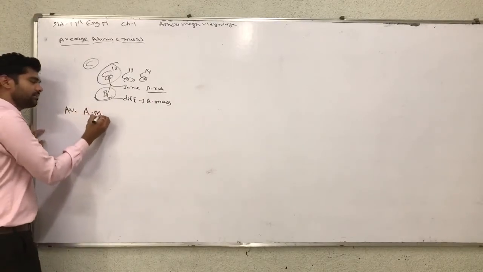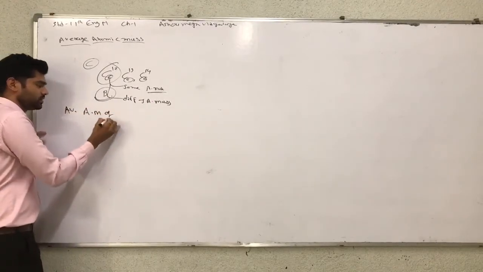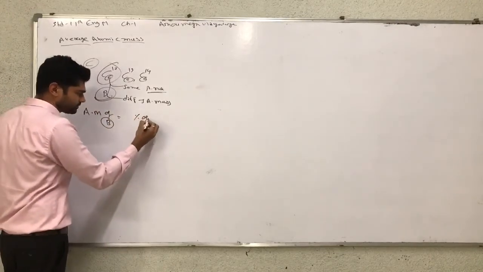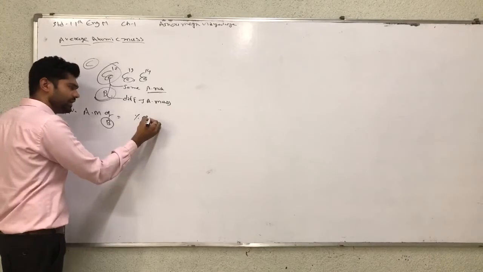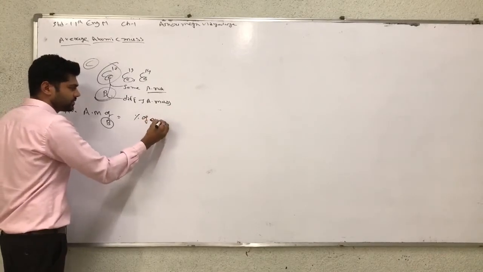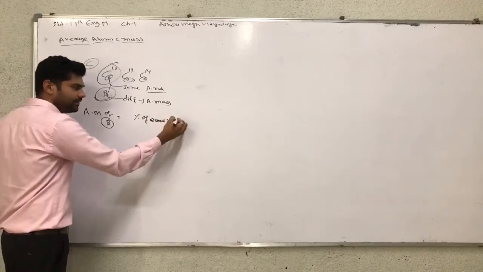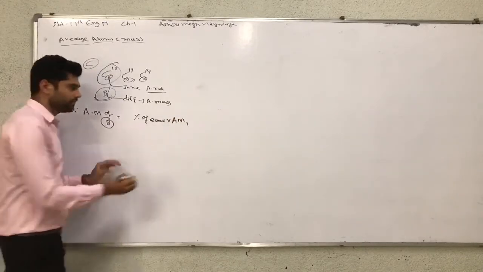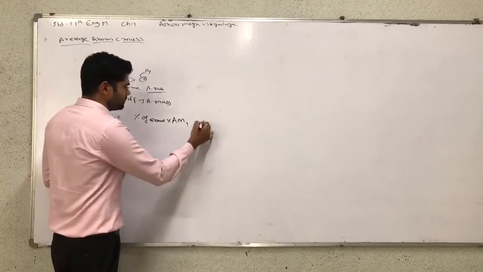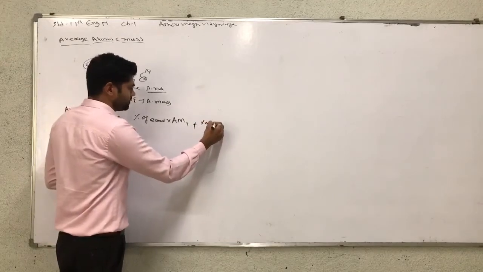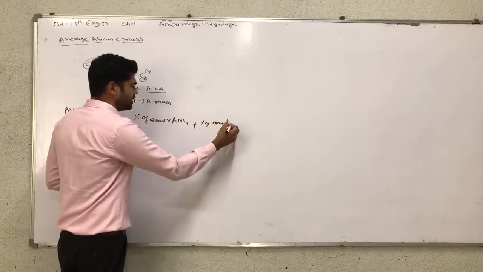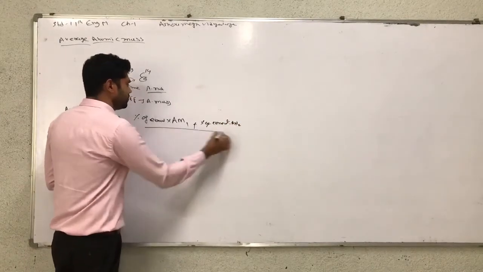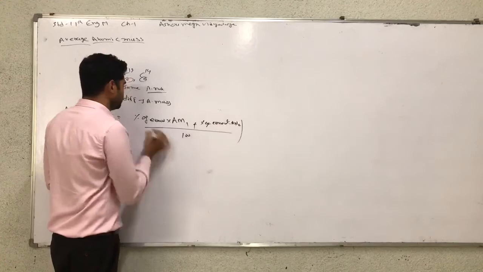Average atomic mass of boron is equal to percentage of element multiplied by atomic mass of the first isotope, plus percentage of element multiplied by atomic mass of the second isotope, whole divided by 100.